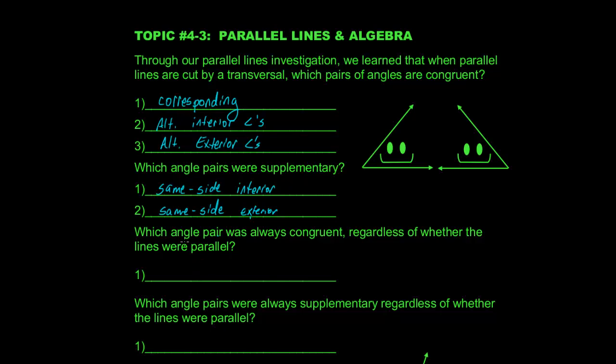Alright, now which pairs were always congruent regardless of whether or not they're parallel? These are the ones that by definition will give us the congruency. These are our bow tie or our vertical angles.